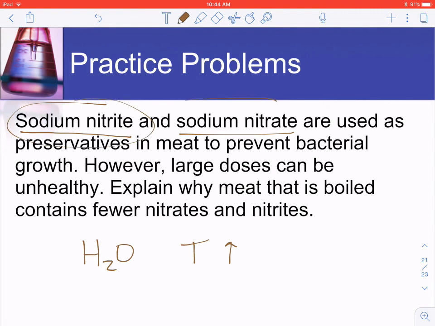So sodium nitrite and sodium nitrate are Na+ with a polyatomic ion. So you have NaNO2 and NaNO3, and those things dissolve well in water, especially water at high temperatures. So you are going to dissolve out those ionic compounds and they'll remain in solution, and you'll be able to take your meat out and you'll be able to eat it and it'll be delicious and maybe a little bit more healthy for you.